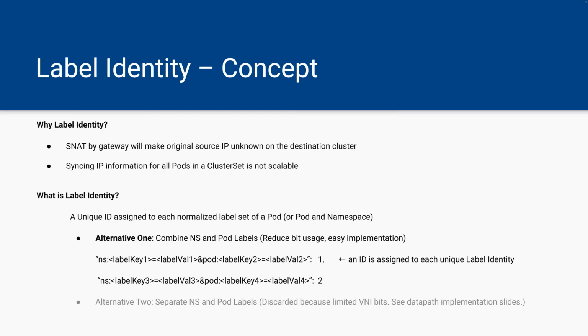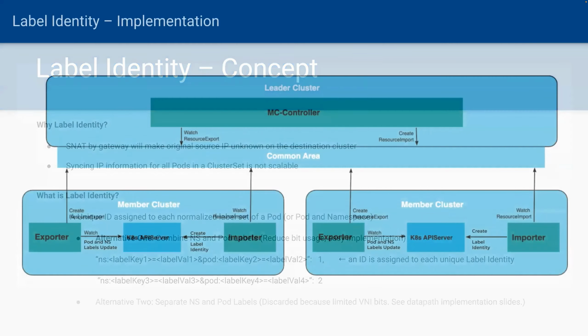And also, we assign an ID for each unique label identity, which is also synced across all the clusters in the cluster set. So by the end of the day, Grayson, can you move to the next slide? Thank you.